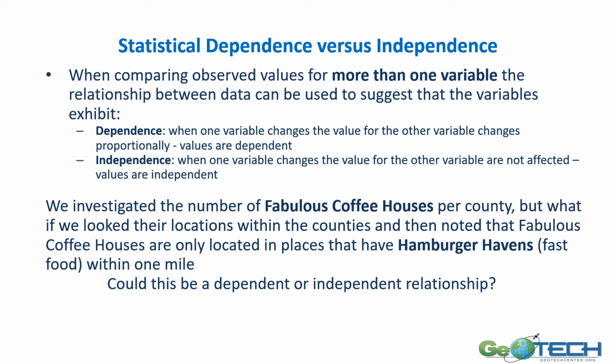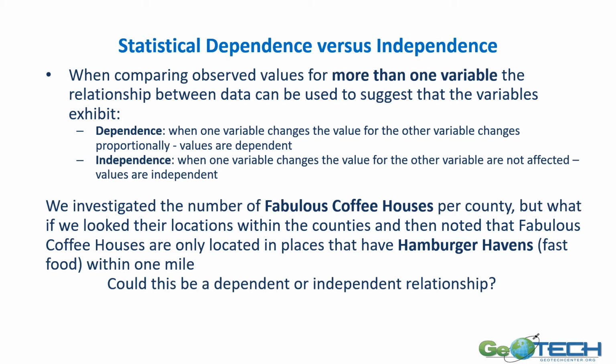Sometimes we want to look at how things vary statistically with other factors. So statistical dependence versus independence. If you have two or more variables, and here we're going to look at fabulous coffee houses per county and hamburger havens per county, and see if there's any dependency between those two variables.